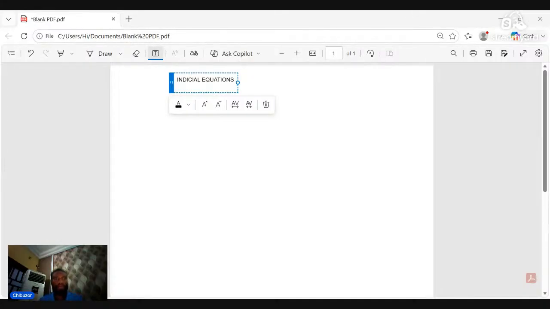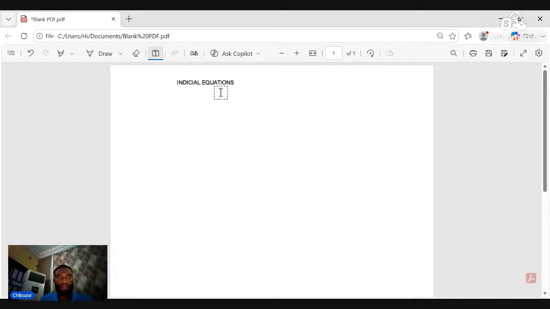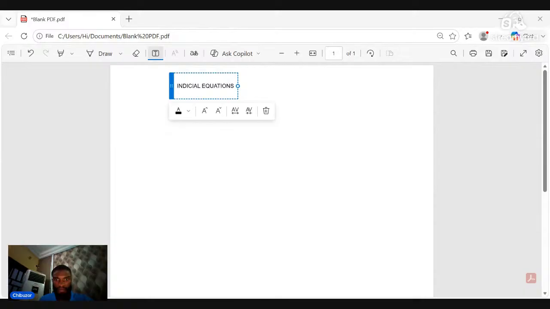So what are index equations? Index equations are equations that have unknown letters or unknown numbers as an index in their equations.